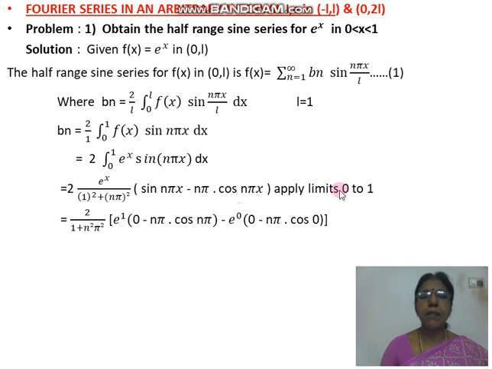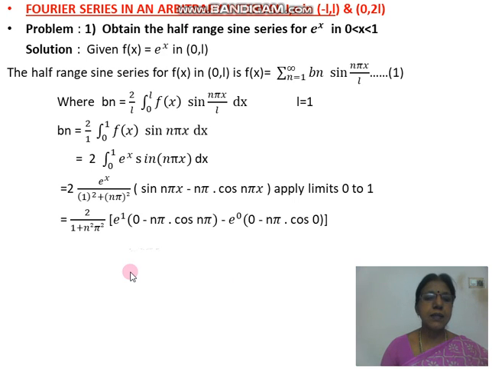Next put the lower limit 0: e power 0, sin 0 is 0, so 0 minus n pi into cos 0. Cos 0 is 1. No doubt, you put 0 for sin 0 and sin n pi.